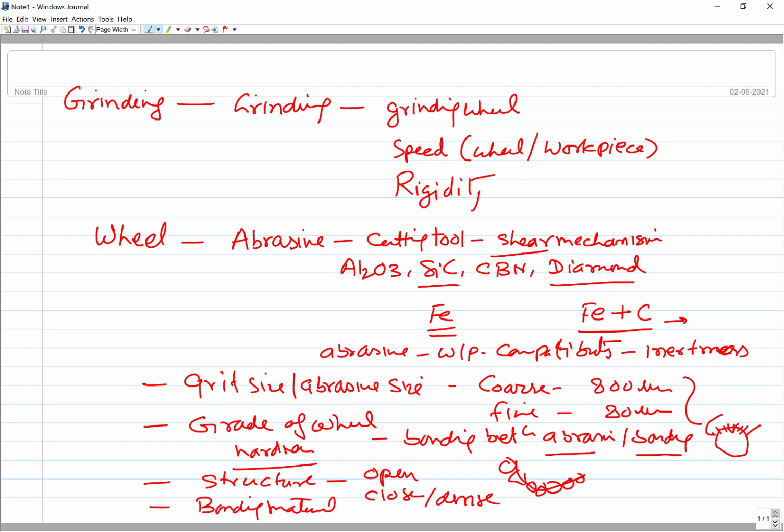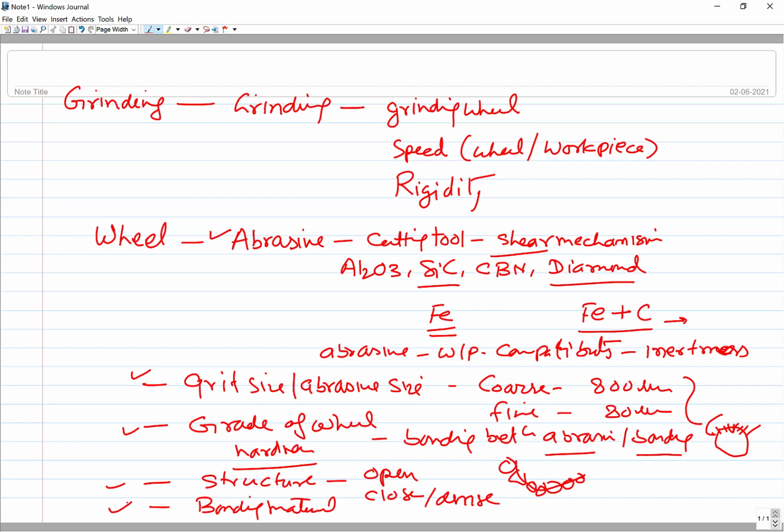There are a number of materials like rubber, metals or vitrified materials. So there are different types of materials used to hold, and they also affect the performance of the grinding. All these factors are extremely important with respect to the performance of the grinding.